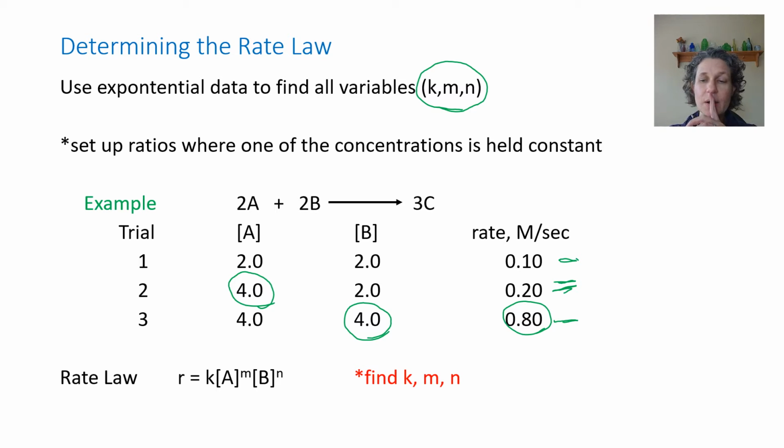Using that information, setting things up in ratios so that you can do some math and cancel things out, you can find our variables, which will be the rate law constant, which will actually be the last thing we find, and then the orders, or the exponents.